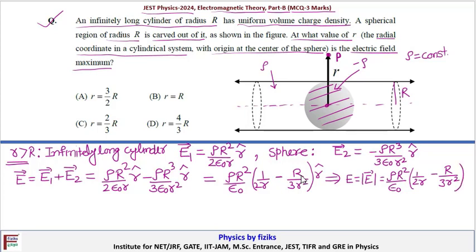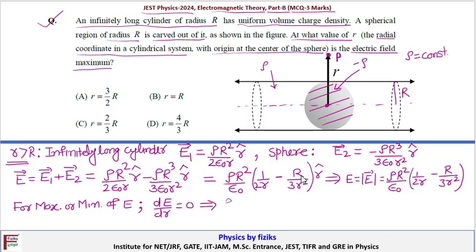Now, for maxima or minima of E, we will write dE by dr should be 0.